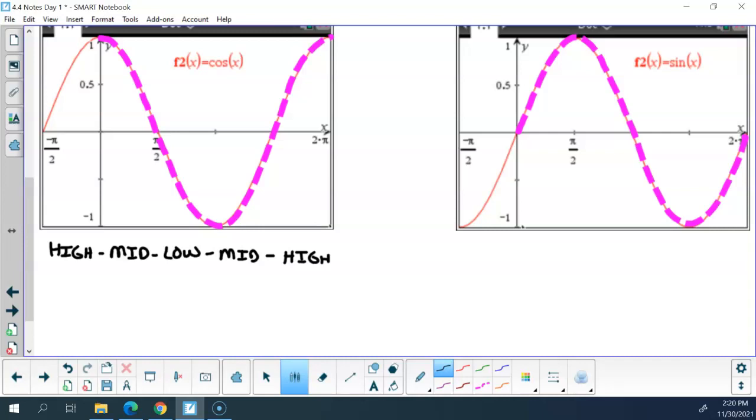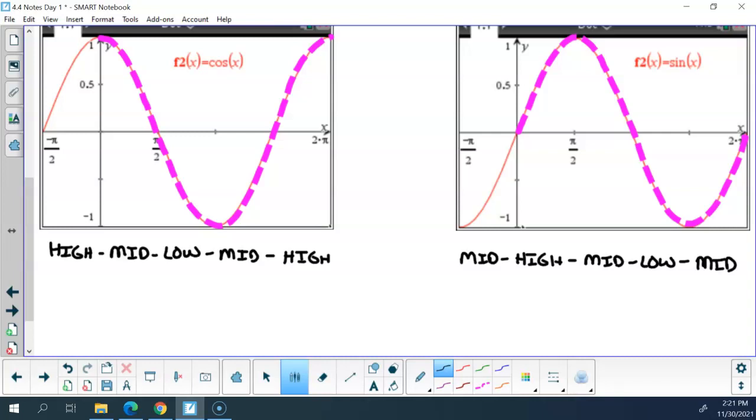The sine curve starts in the middle, goes to the high point, back to the middle, then down low, and then ends in the middle. Those two patterns will be for every single one.